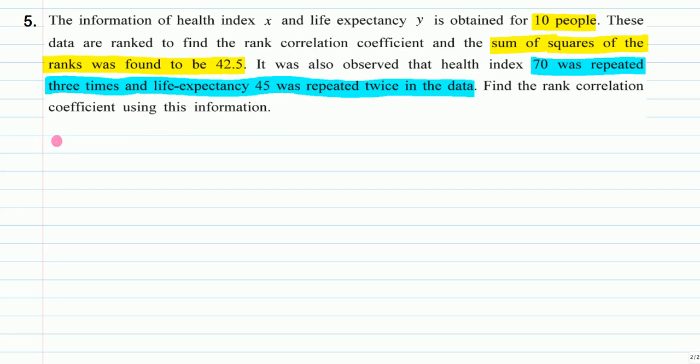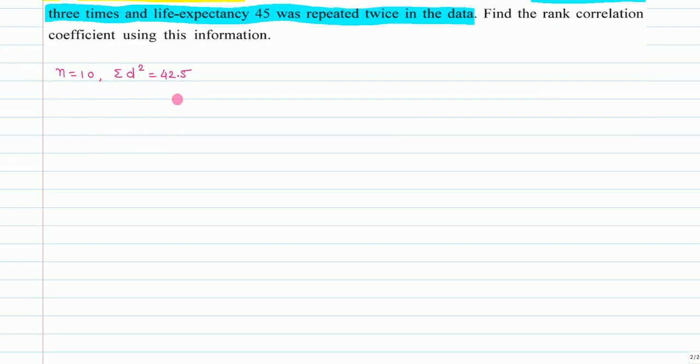First of all, we have to write the given data. N is equal to 10. Sum of squares of deviation, sigma D square, is given as 42.5. From the remaining information, we have to find CF. For CF, we have to prepare a table.